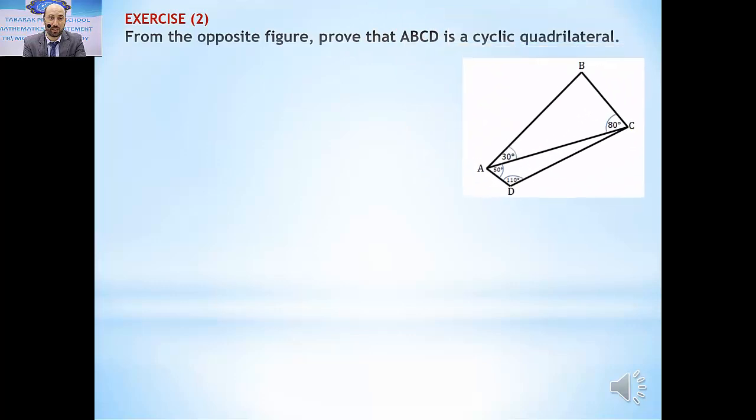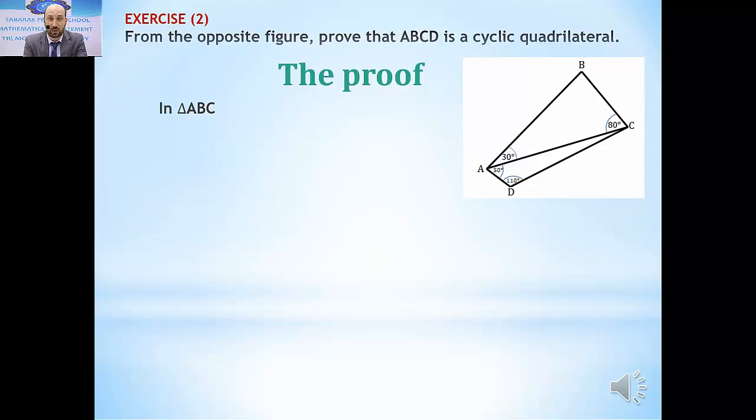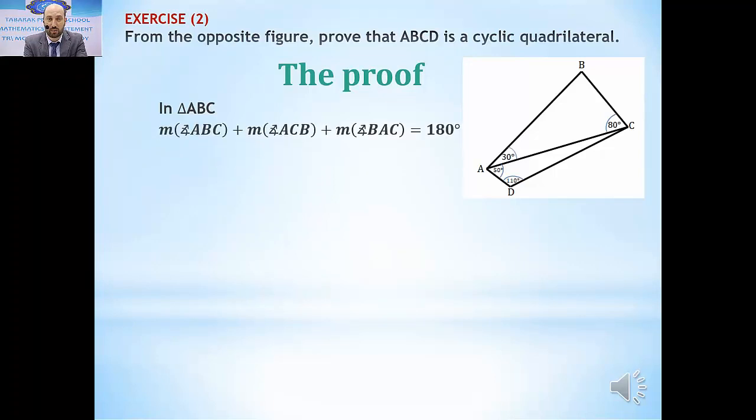For example 2: from the figure, prove that ABCD is a cyclic quadrilateral. How could we prove it? Here we have two triangles. The first triangle is ABC. How could we find the size of angle B? We have the measure of angle BAC equals 30 and the measure of angle BCA equals 80. So the measure of angle B equals 180 minus the sum of 30 plus 80, because the sum of the interior angles of any triangle equals 180.